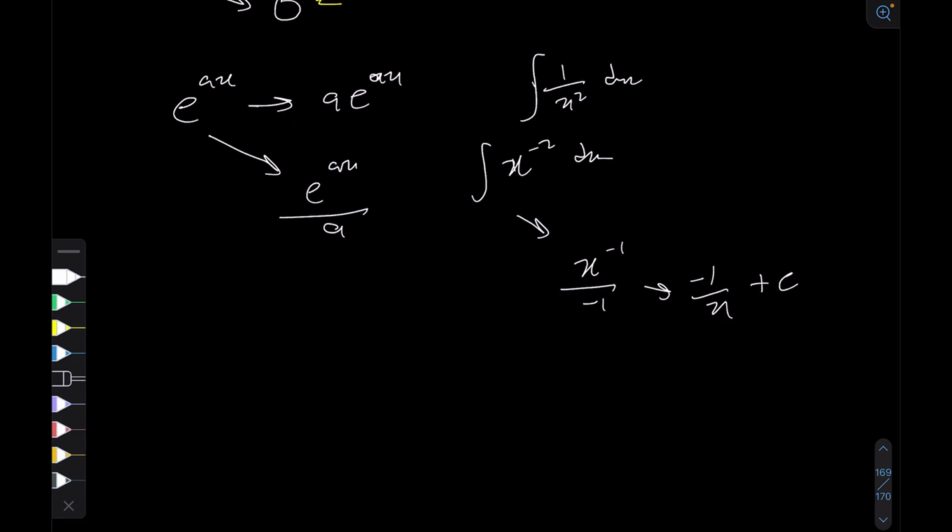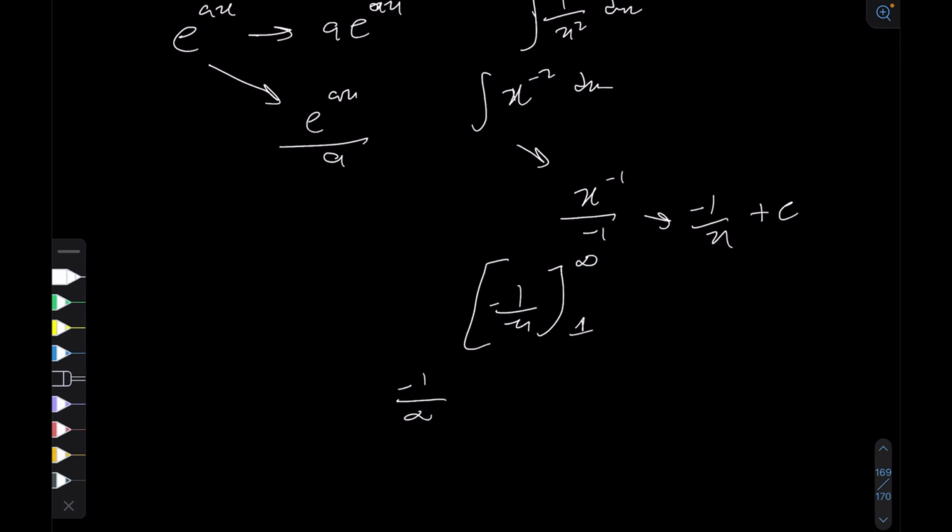So let's say now I want to integrate this from 1 to infinity. I already know the integral, so this would be from 1 to infinity. So negative 1 over infinity minus minus 1 over 1.